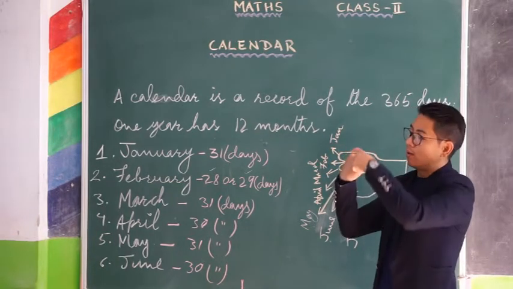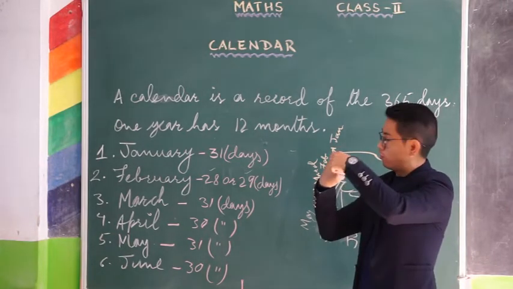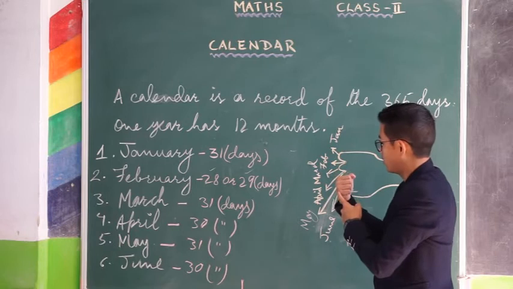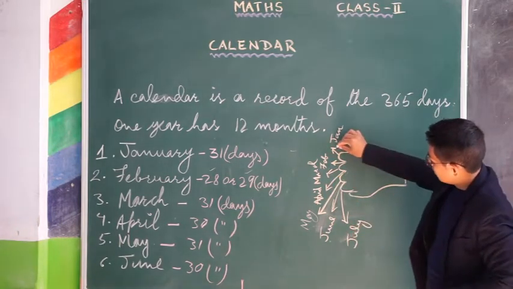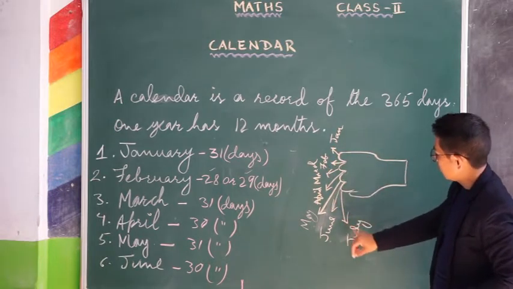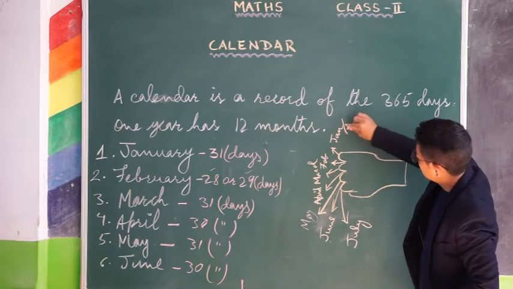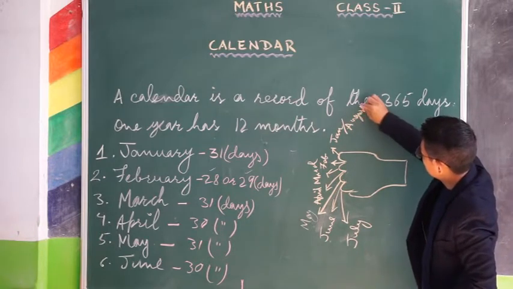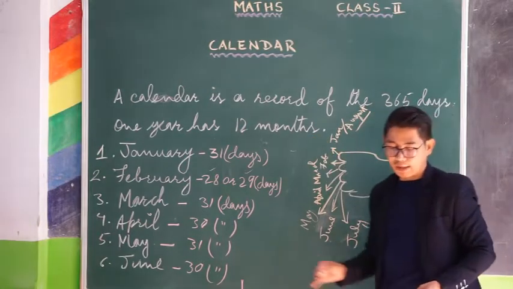So that means all knuckles have 31 days. So July, August. It also has 31 days.